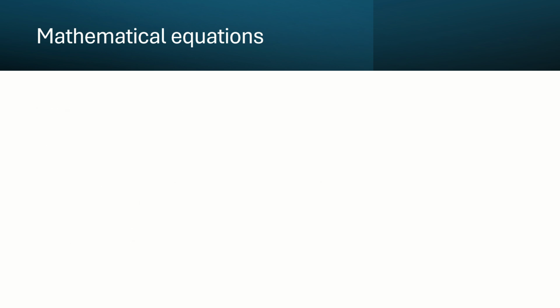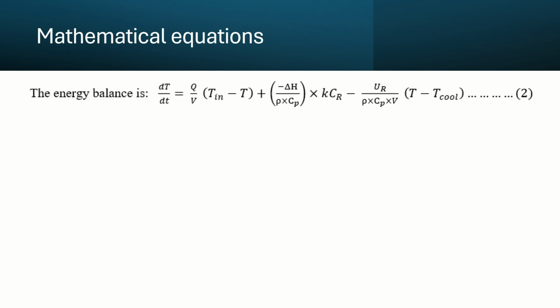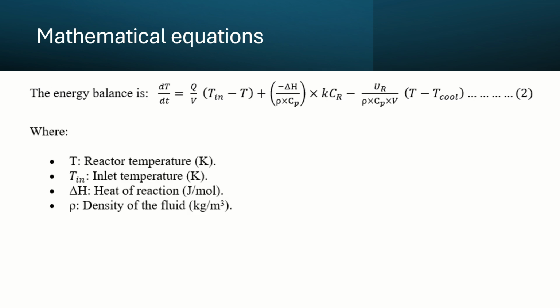Because this equation allows us to determine the steady-state concentration of the reactant in the reactor. And then we have the second equation, which is the energy balance. It is expressed as this long equation where T is the reactor temperature, T in is inlet temperature, and delta H is heat of reaction.